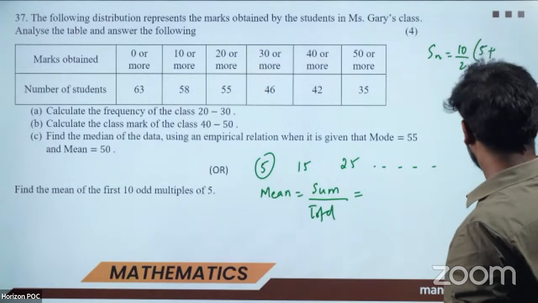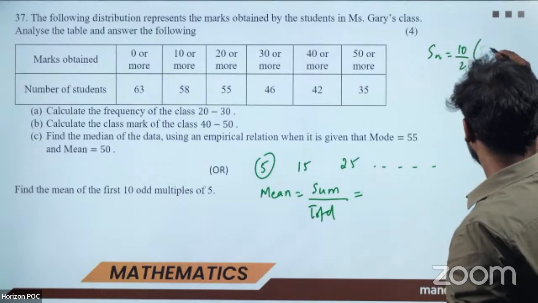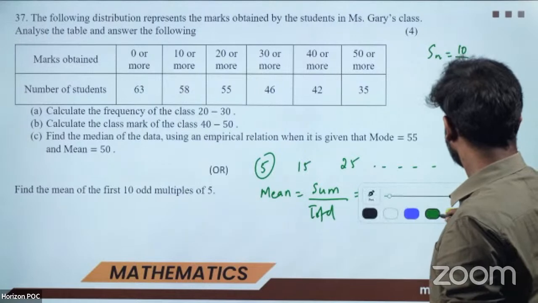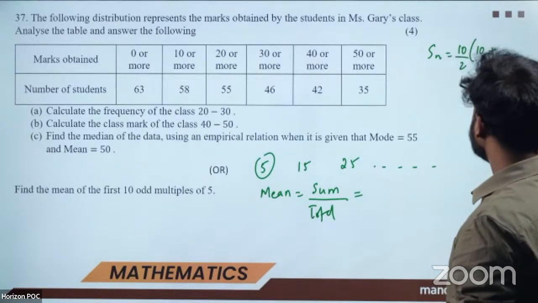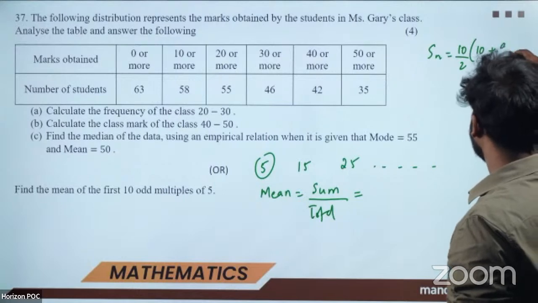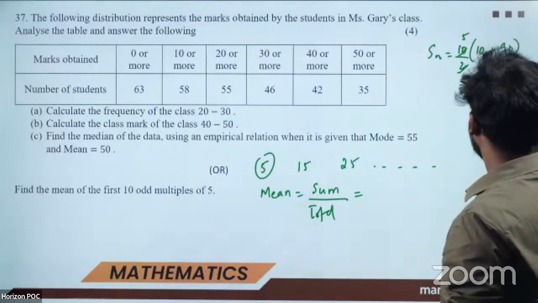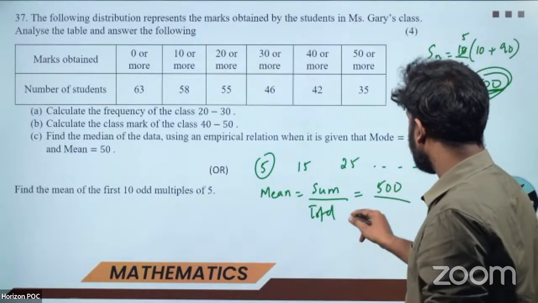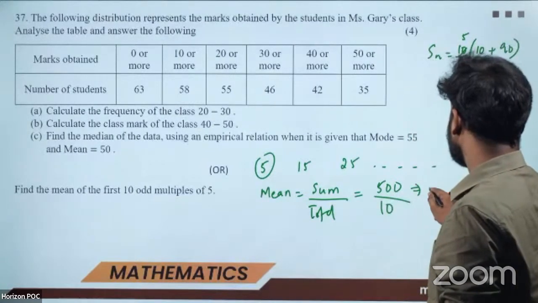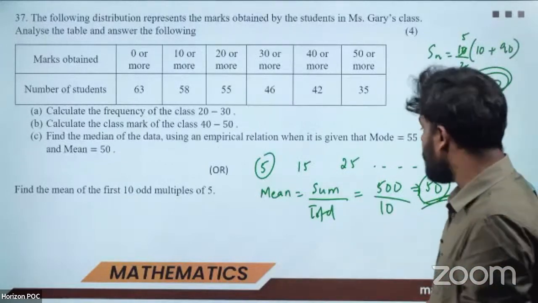So 2a means 2 into 5, 10, plus n minus 1, that is 10 minus 1, 9, into d is how much? 90. So this becomes 5 into 100, that is 500. The sum is 500 and the total number of terms is 10. So 500 by 10 is how much? 50. So what is the mean of the first 10 odd multiples of 5? It is nothing but 50.